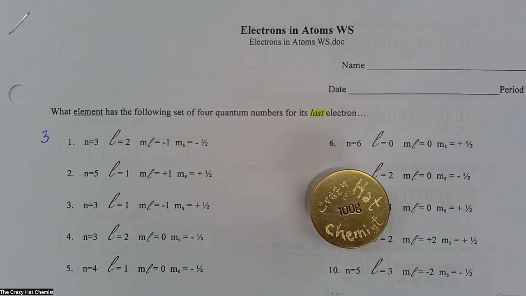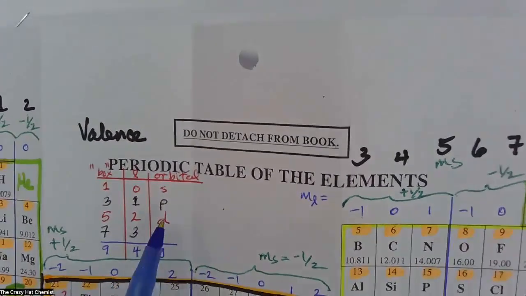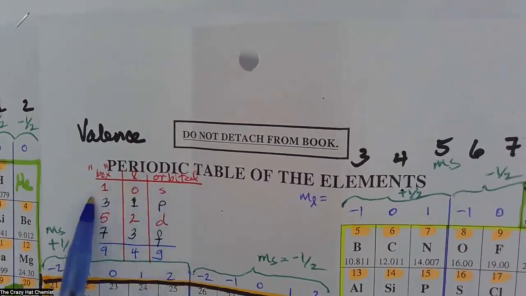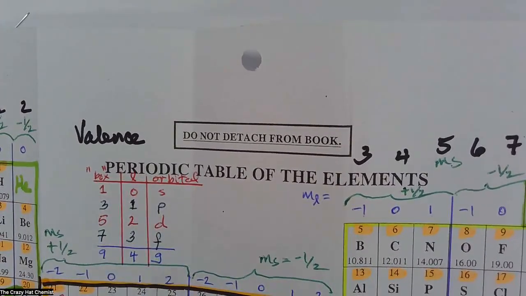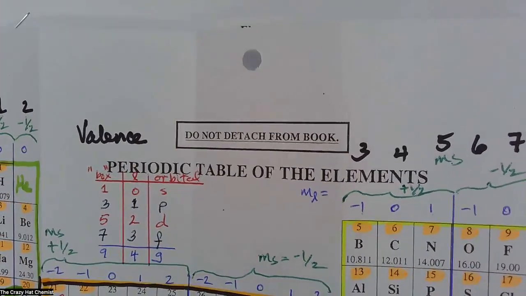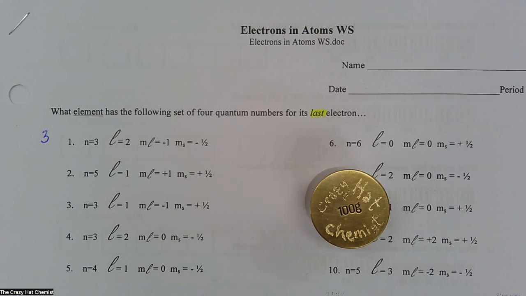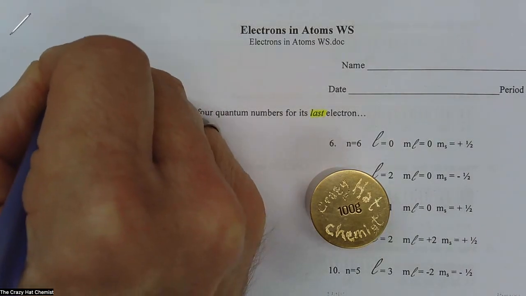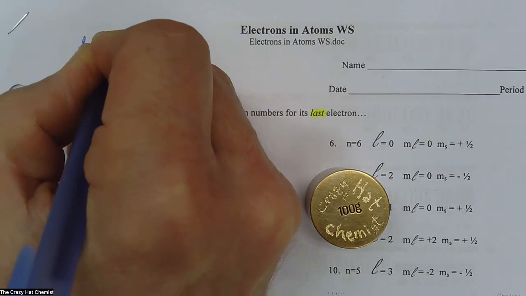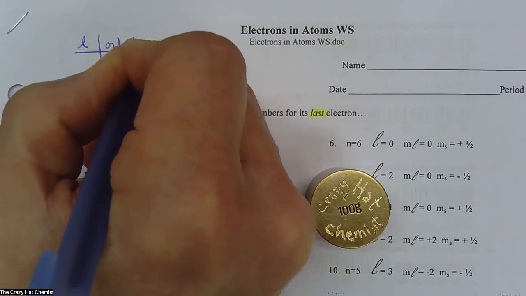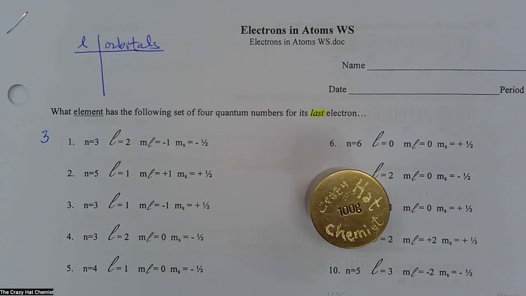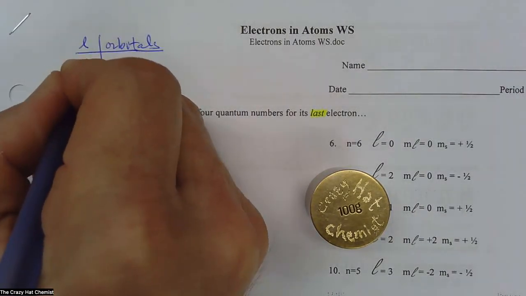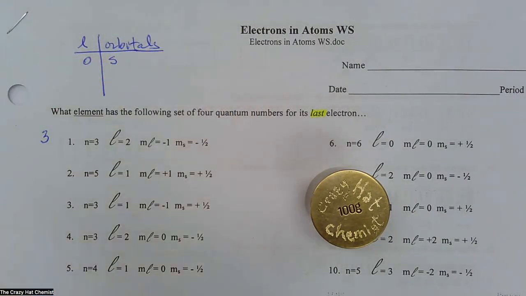One of the things you can do, which I did draw out on this periodic table, is draw this little table here. I'm going to draw it again, even though it's on my periodic table, because I think it would be helpful for you. So we have l values and orbital types. The l values start with 0, and that is an s-type orbital.